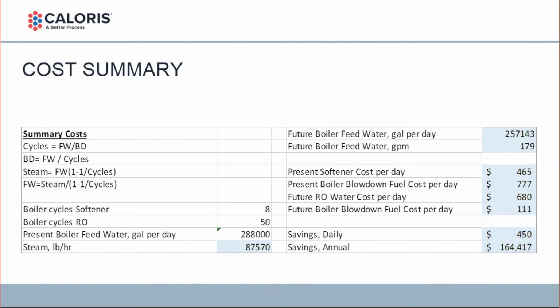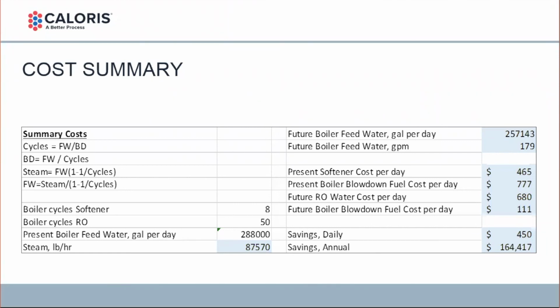In the future, because we're doing 50 cycles, we're only going to need 257,143 gallons per day. That corresponds to a boiler feed water rate for that RO of 179 GPM. So we would probably just purchase a 200 GPM RO.